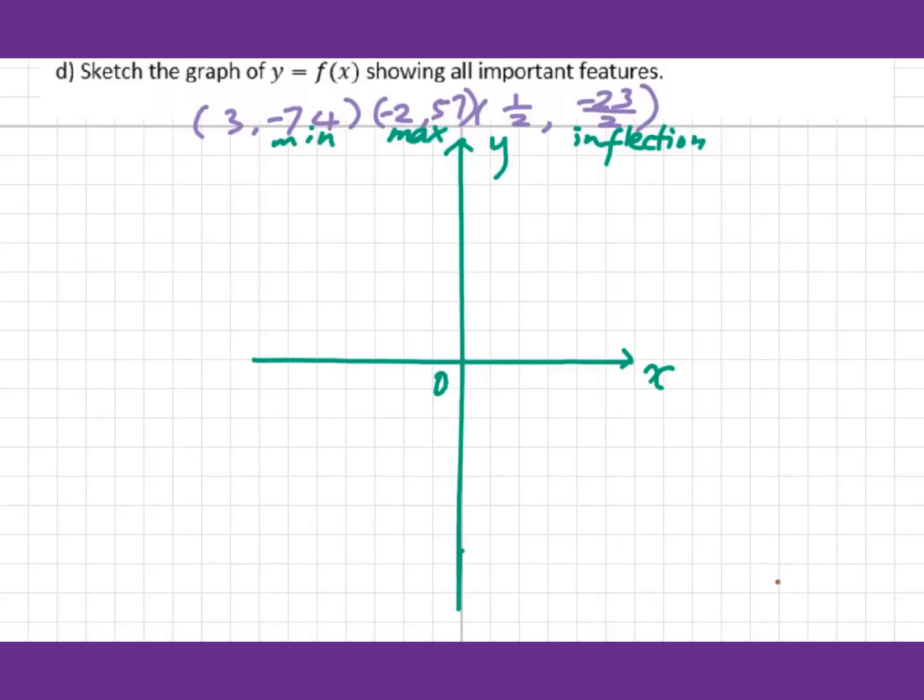Let's go to D. Sketch the graph of y equals f of x, showing all important features. We already know the minimum, maximum, and inflection point. We use these 3 points to sketch the graph. We'll plot these 3 points, and then you can sketch the graph, increasing from negative infinity to negative 2.